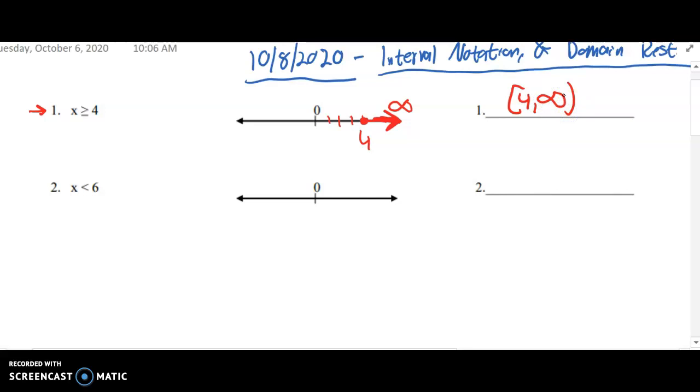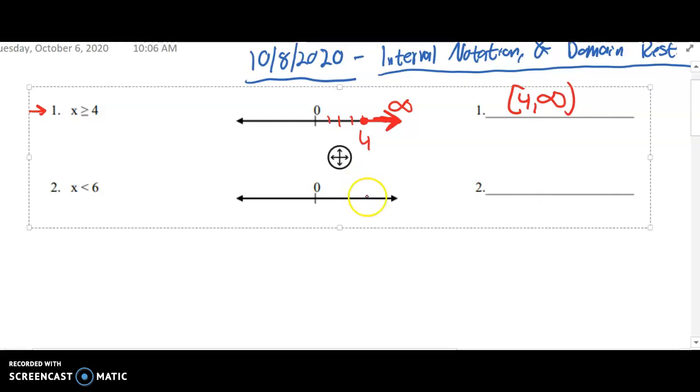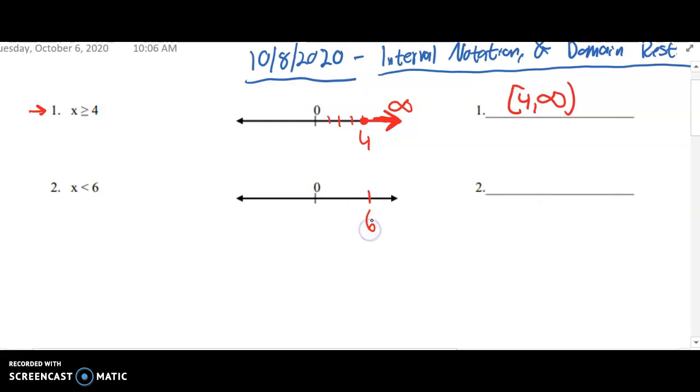Okay, let's look at the next one. X is less than 6. I'm just going to put one tick mark, label it 6. It does not include the 6, so we have an open circle. We know we'll be using parentheses. And it's everything less than 6. So what's the smallest number we can think of?